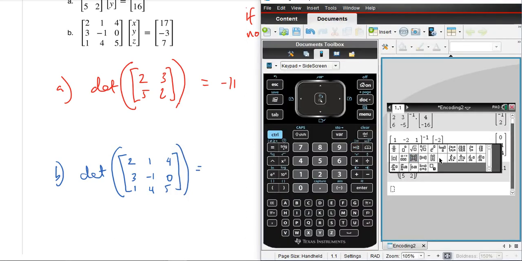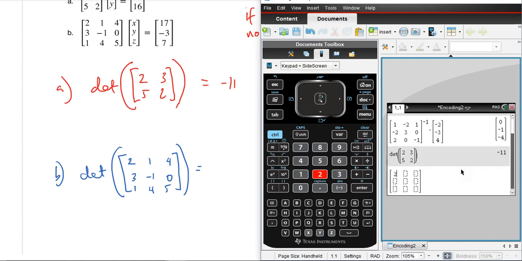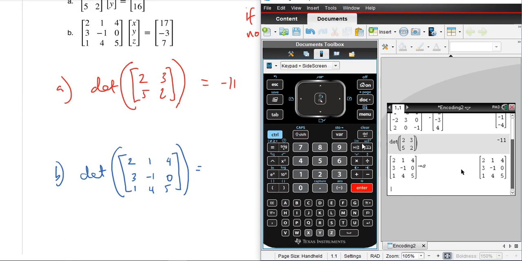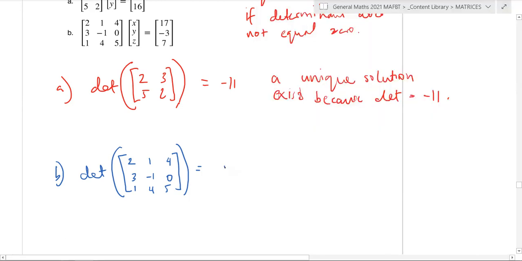So let's go here. 3 by 3, yep. So 2, 1, 4, 3, negative 1, 0, 1, 4, 5. Now you could name this, remember to name it control variant, or call it matrix A if you want. So if I went det of A, the answer is 27. So the determinant is 27. So a unique solution must exist.